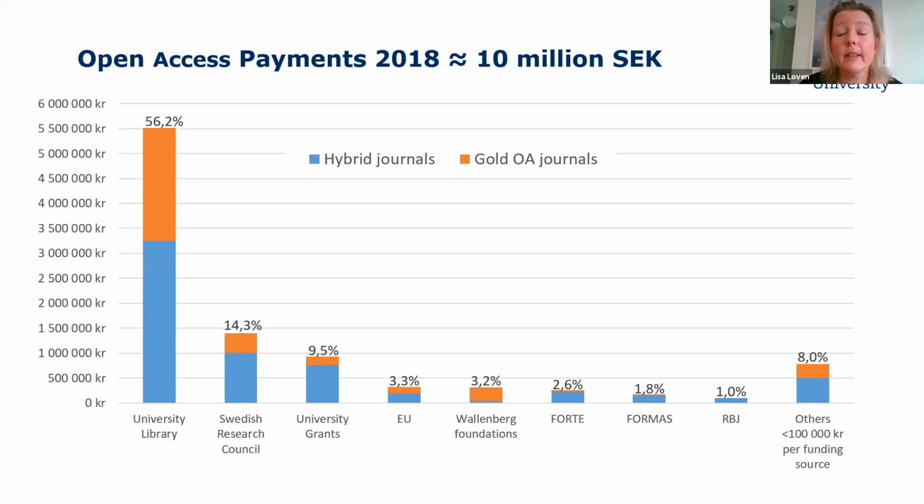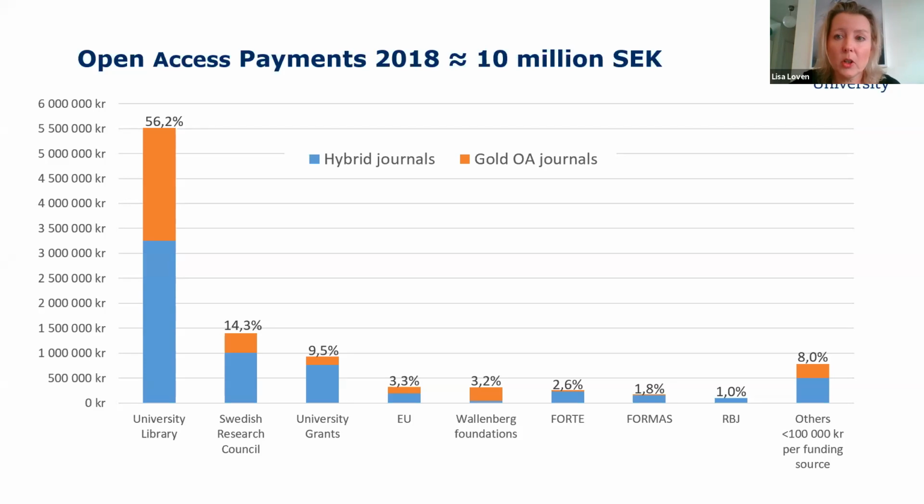It's single APC invoices, but mostly it's prepayments for our national transformative read and publish agreements. And it's also payments to fully open access publishers that we have agreements with. Second place, Swedish Research Council. Third place, the university grant, and then the other funders.